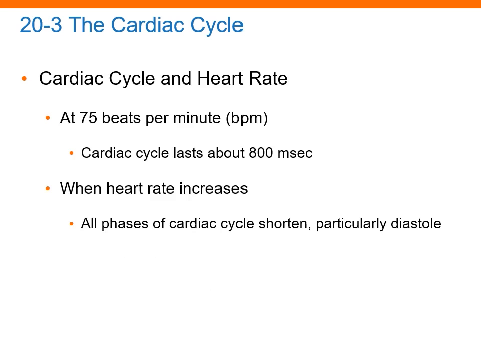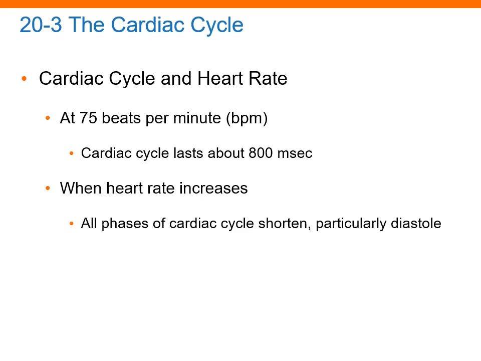So in terms of the cardiac cycle and heart rate, at about 75 beats per minute, the entire cardiac cycle lasts about 800 milliseconds, so it's less than a second. When the heart rate increases, all phases of the cardiac cycle shorten. As I mentioned, for example, if you have adrenaline, the heart rate is going to increase because of epinephrine or norepinephrine.